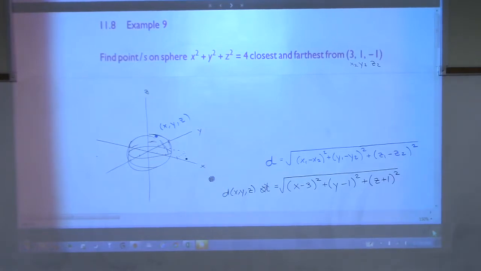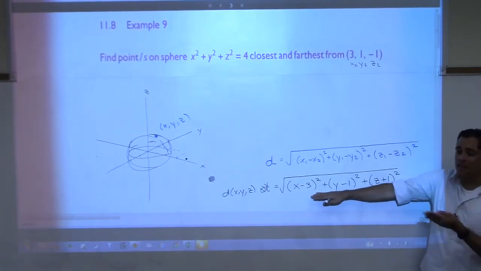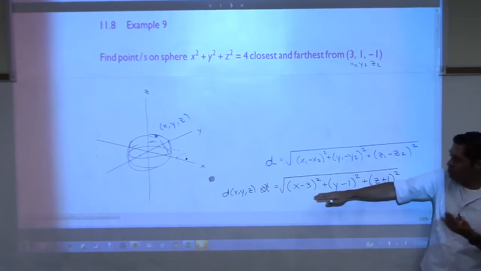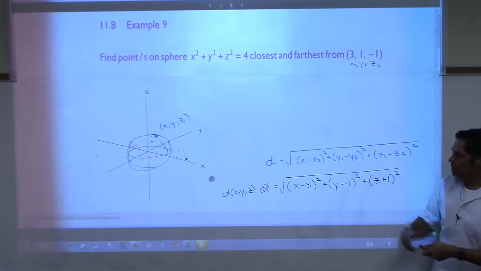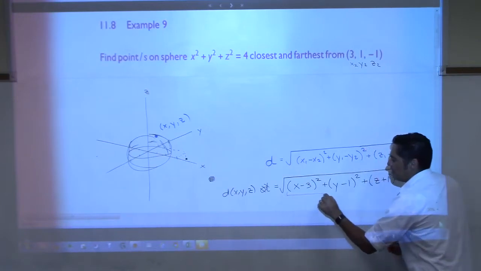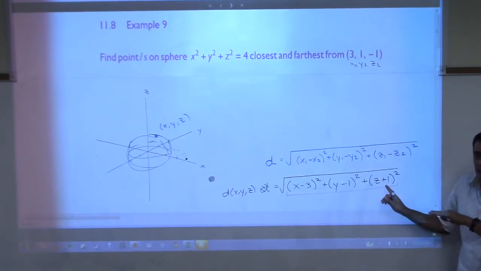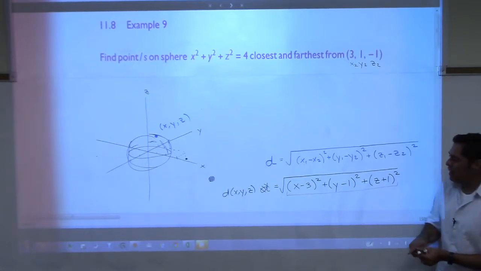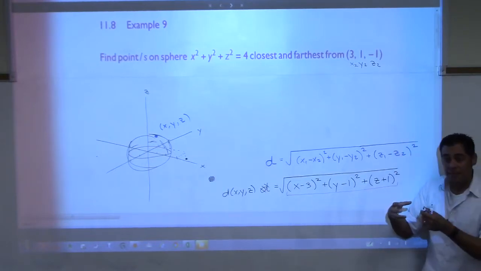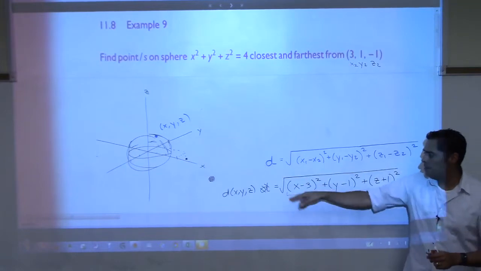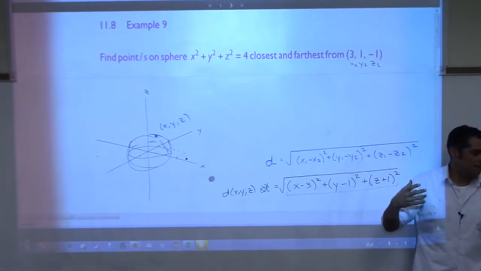I want to know when this will be the biggest it could possibly be, right? And the smallest it could possibly be. But everything in here is positive, right? Positive, positive, positive, no matter what. So if I can make this chunk right here in red as big as possible, then the square root will be as big as possible.